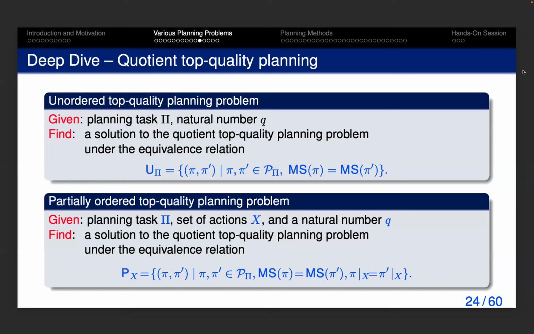Then, as Shirin mentioned, we come to a realization that in some applications that actually doesn't give you sufficient information, right? So it doesn't give you sufficient plans, because sometimes you actually have a few actions that you care about the orders between them.